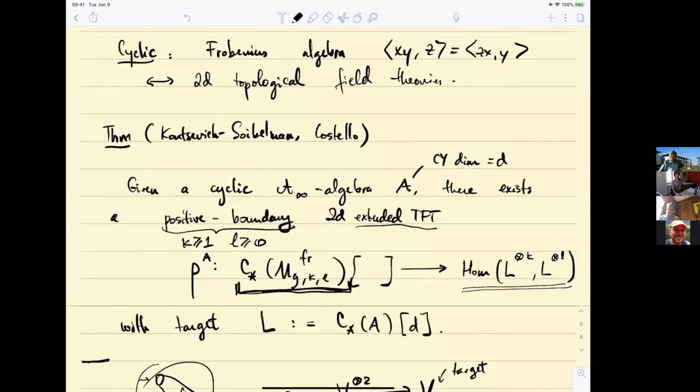Of course, just saying that I give you these maps doesn't mean anything, but the important thing is, because I have chosen a framing, I can glue together Riemann surfaces.